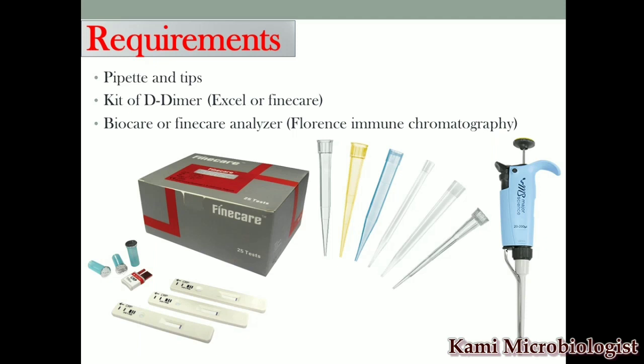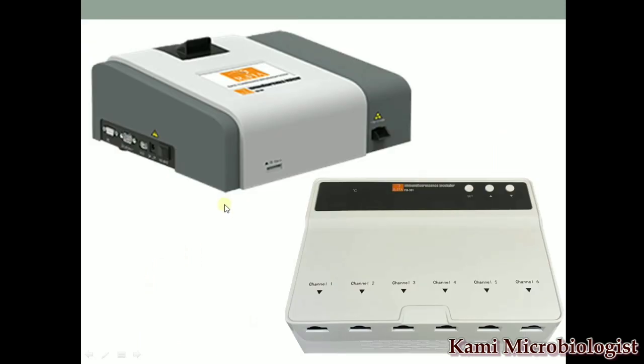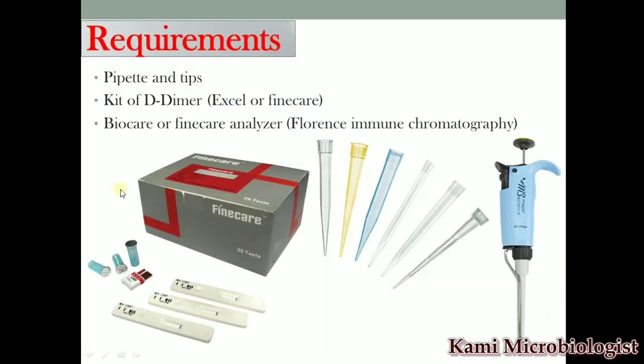It contains this chip, which has the software installed in it. You first insert this chip in the machine and install the D-dimer software. Then you will perform the test. It also contains this buffer, as you can see, and strips. So if you unbox this kit of D-dimer, you find this material.